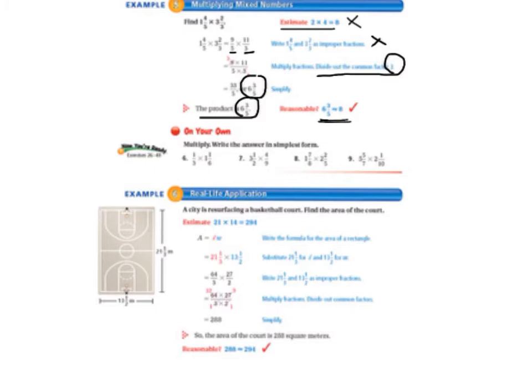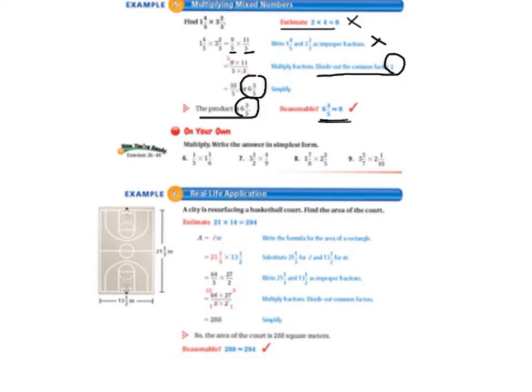Now let's look at example 6, a real-life application. A city is resurfacing a basketball court. Find the area of the court. So we need to remember that area is where you multiply the length times the width. So we have a length and a width of 21 1/3 times 13 1/2 meters.